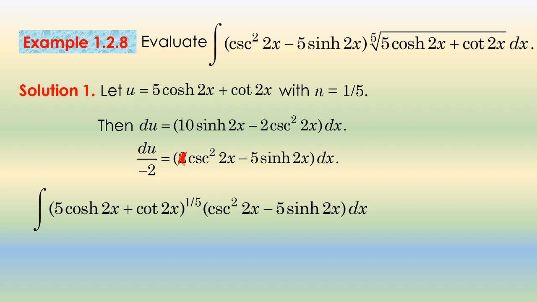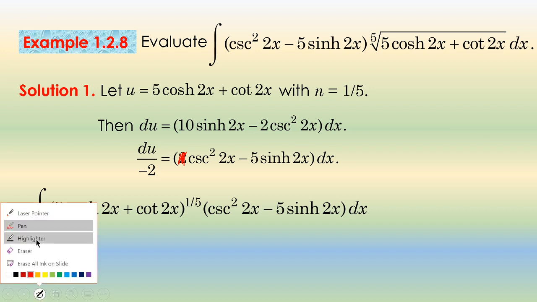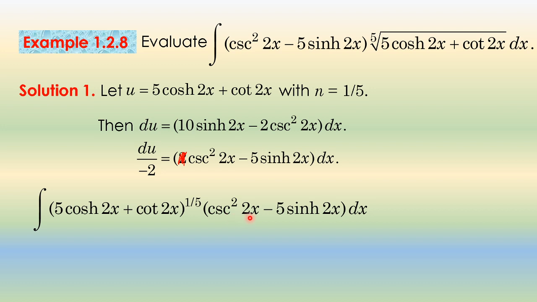So that du over negative 2 is equal to cosecant squared 2x minus 5 hyperbolic sine 2x quantity dx. So this part is du over negative 2.